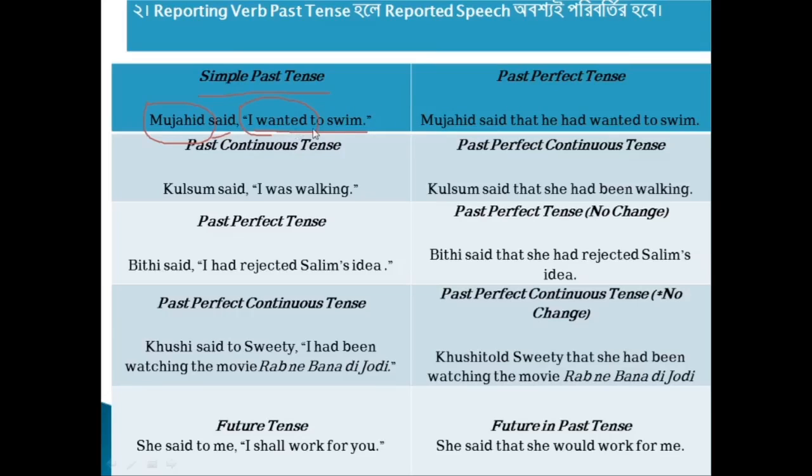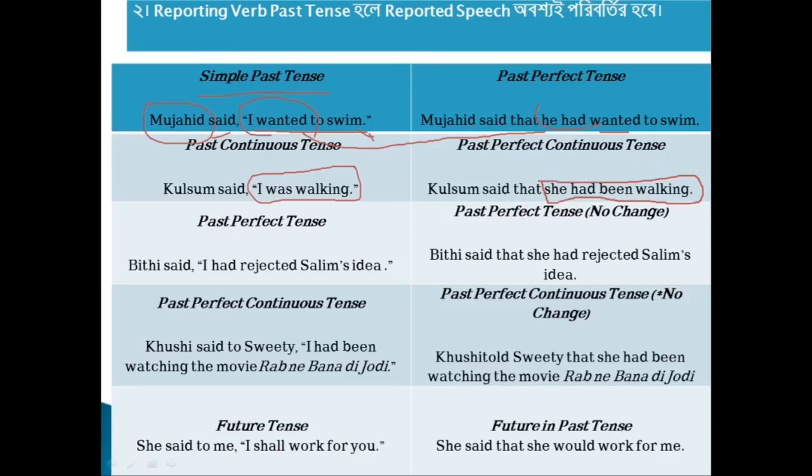It is changed into past perfect tense, that he wanted to swim. In the second row, the sentence is Kulsum said, I was walking, and it changed into that Kulsum said that she had been walking.